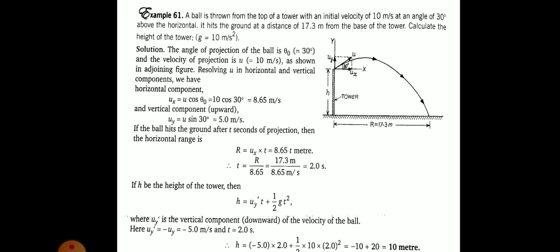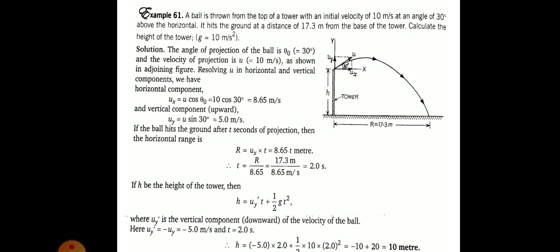Therefore, those formulas cannot be used directly. It is very important point, I repeat once more, when point of projection and point where the ball hits the ground are in same plane, for example, both are in horizontal plane, then those three formulas of height, range and time of flight can be used directly.